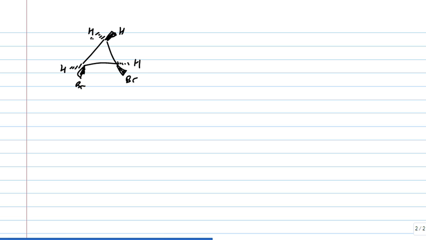So let's think about what they're talking about. What they're talking about is using a strong base like NaNH2 to come in, take a hydrogen off as a leaving group leaves. It's basically an E2 type reaction.